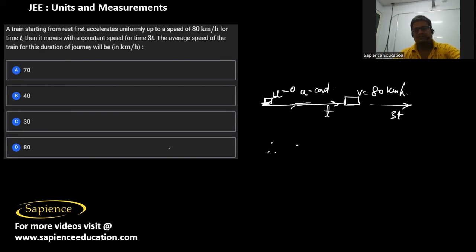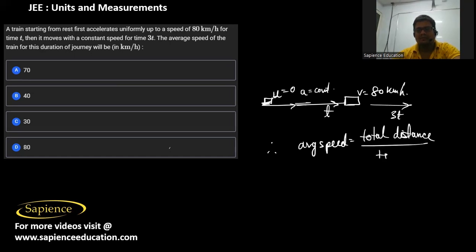Now the average speed is equal to the total distance traveled divided by total time. Now the total distance traveled we have to find out. So as you know, v square equal to u square plus 2as. So v is 80, but we have to change it into meter per second, or we can take it in kilometer per hour also.